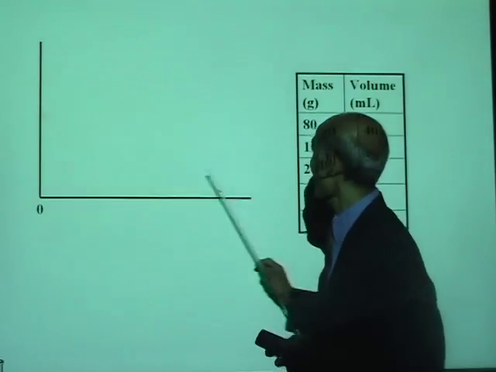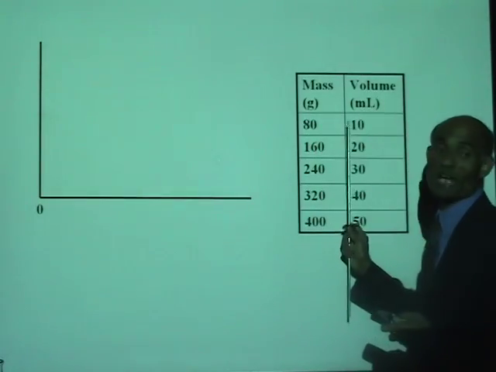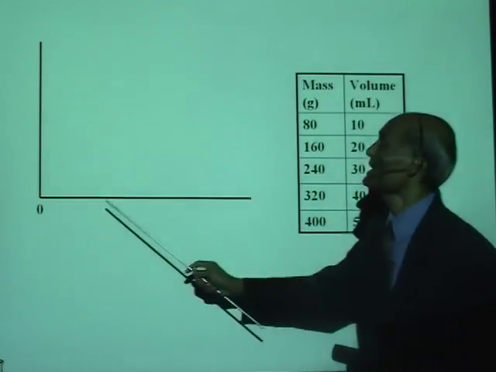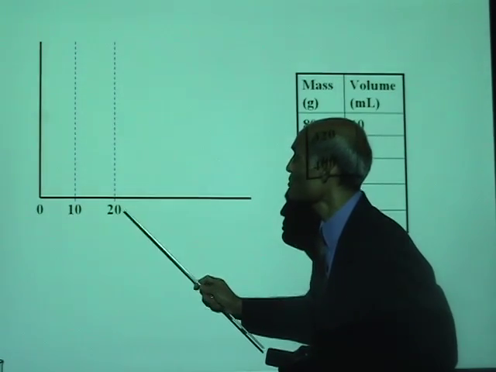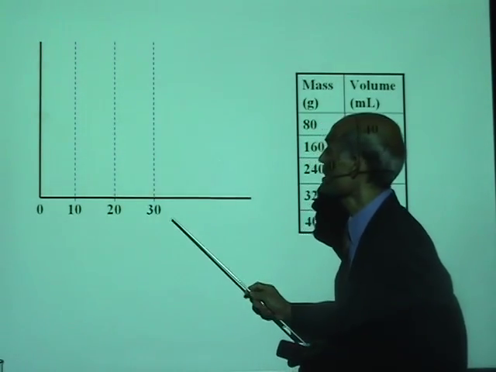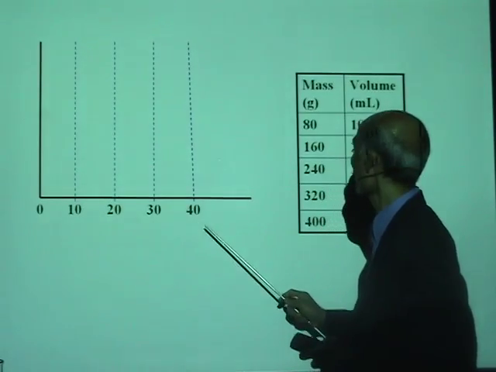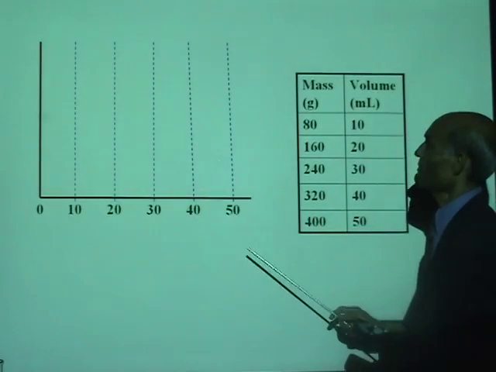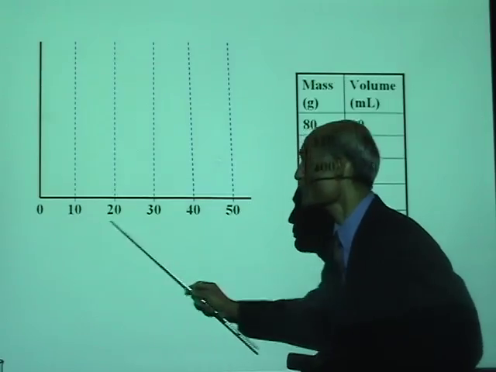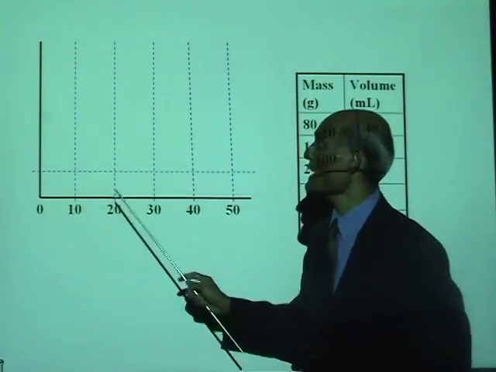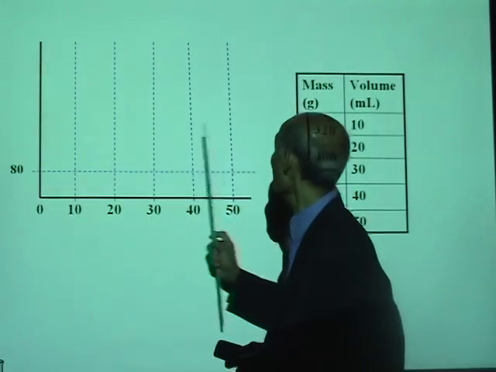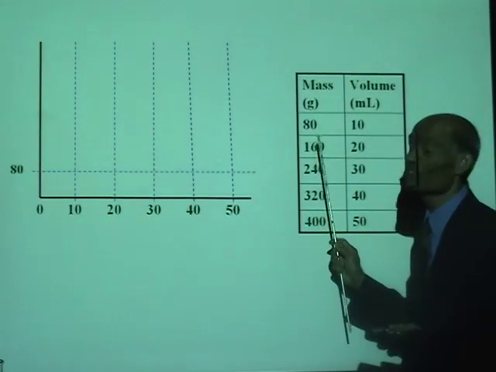And I'm going to mark my horizontal axis for volume. That is 0. This is 10. That is 20. That is 30. That is 40. And that is 50. And on the x-axis, I have the volume. And let me mark now the y-axis. Notice I gave you convenient values.